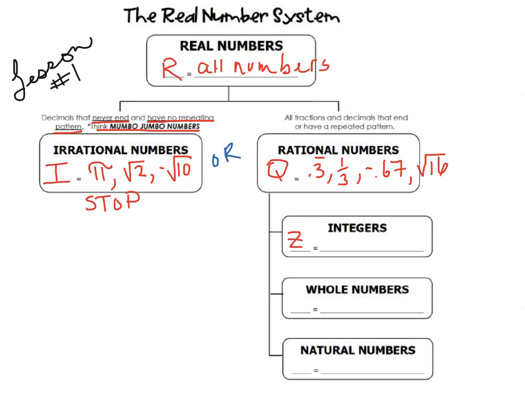Integers are, let's draw a number line here. Integers are your positive, so that's 0 in the middle, positive and negative numbers in both directions, okay? But it includes negative and positive, but there are no fractions and no decimals.